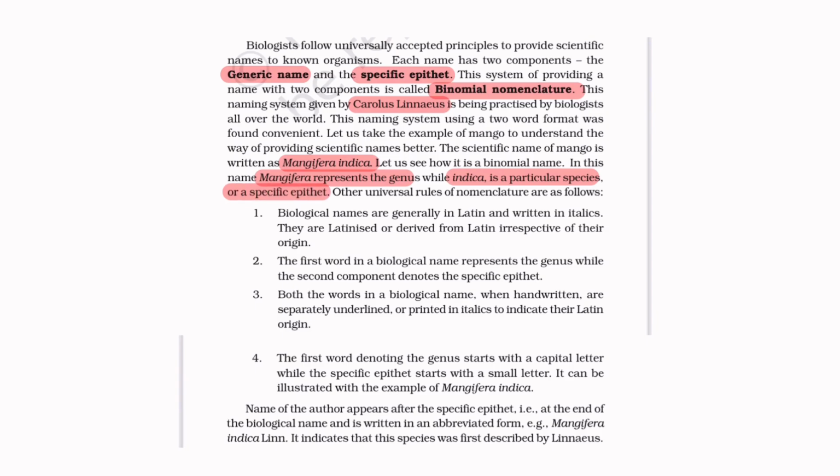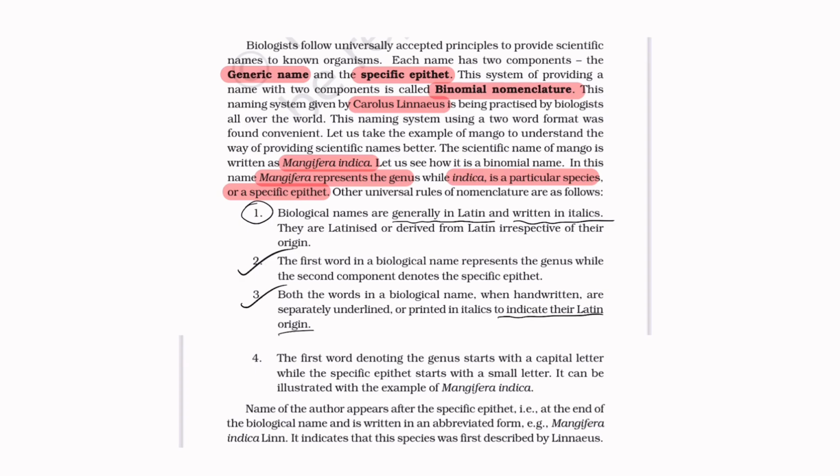Some other rules of the nomenclature are: biological names are generally in Latin. This is important. Biological names are generally Latin and written in italics. They are Latinized or derived from Latin irrespective of their origin. The first word in a biological name represents the genus, while the second component denotes the specific epithet. Both the words in a biological name, when handwritten, are separately underlined, and when printed are in italics, to indicate their Latin origin.